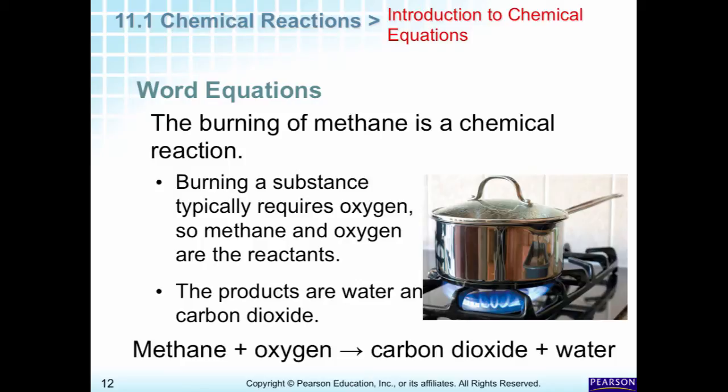So if we're going to burn methane, we add oxygen to methane and light it, because to keep a flame going, we need oxygen. And when we do that, we get carbon dioxide and water. So methane plus oxygen gives us carbon dioxide and water. That is a word equation where we have two reactants and two products are produced, and we see the direction of the reaction.